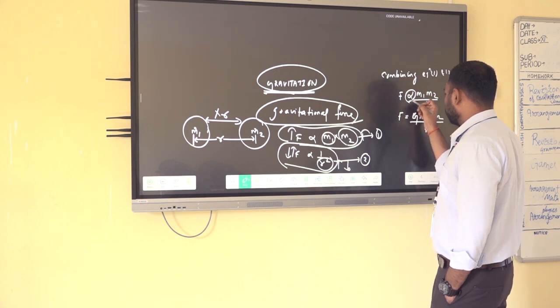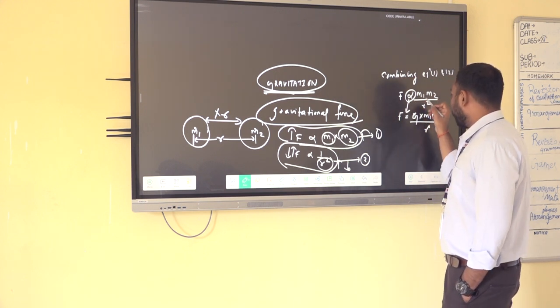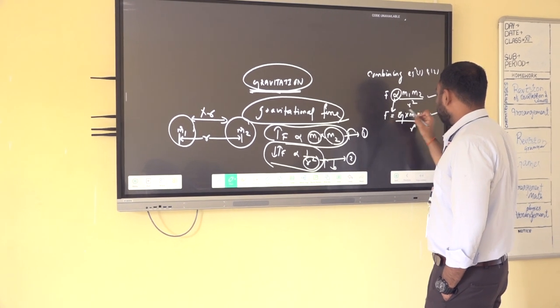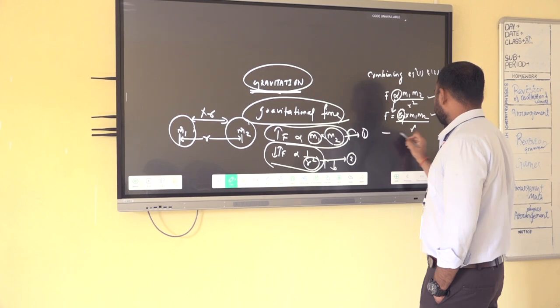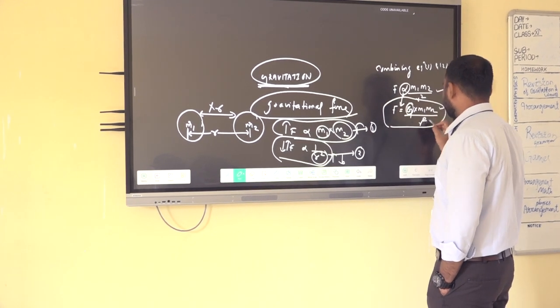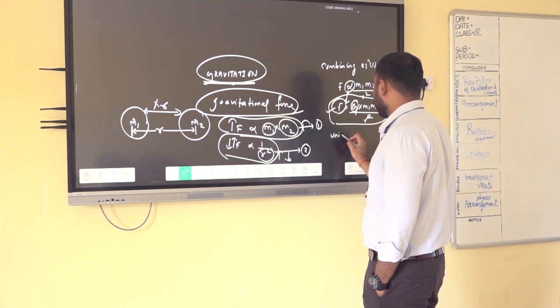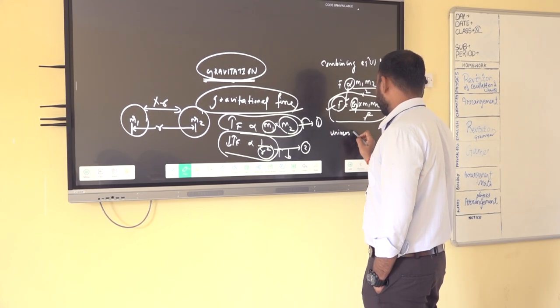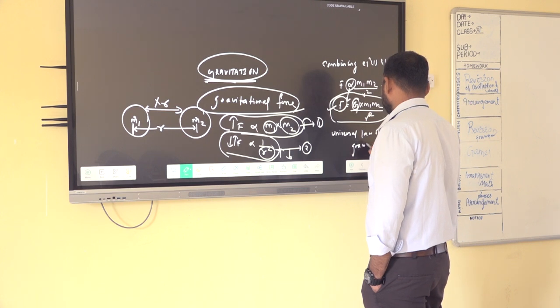That means this proportionality symbol now changes to equals to, and the difference between these two is that a constant is multiplied. So this is what is known as the value of gravitational force, or in turn we can know this as the universal law of gravitation.